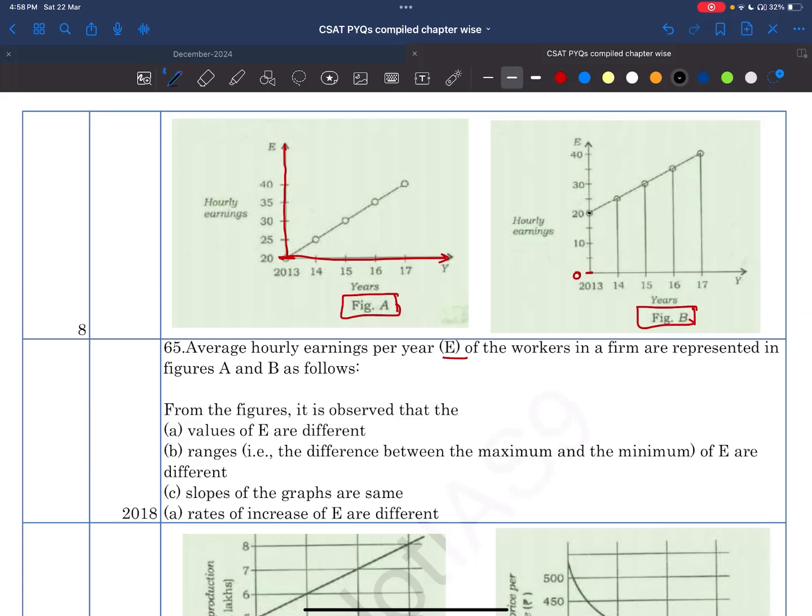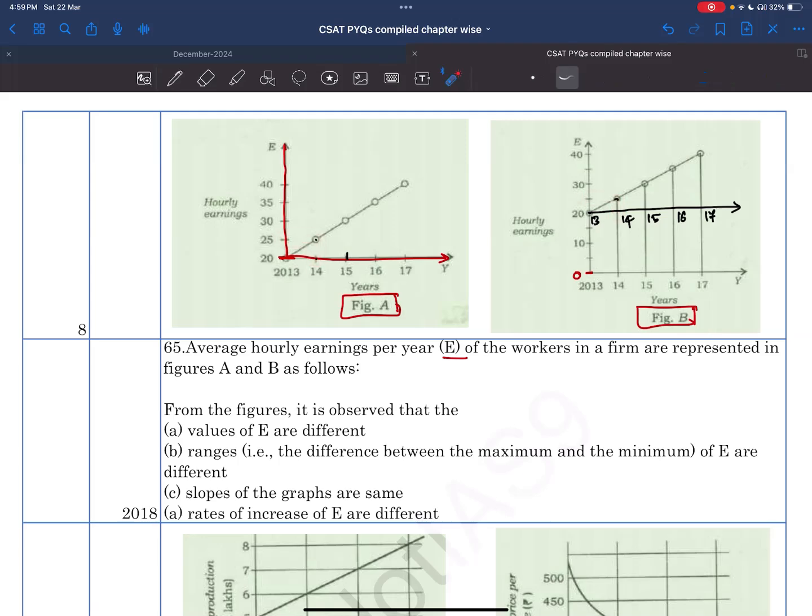If you draw a horizontal line here, this will be 13, 14, 15, 16, 17, right? The corresponding value for 14 is 25. Here, corresponding values 14, 25.